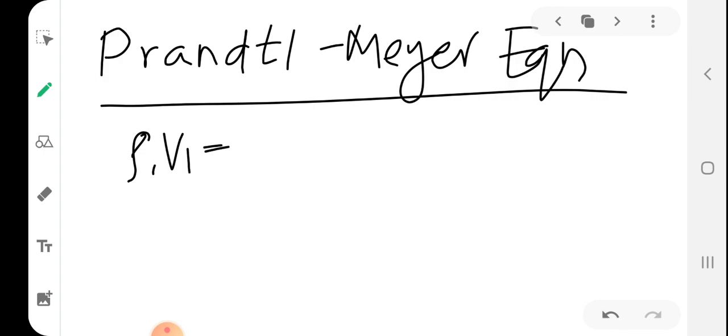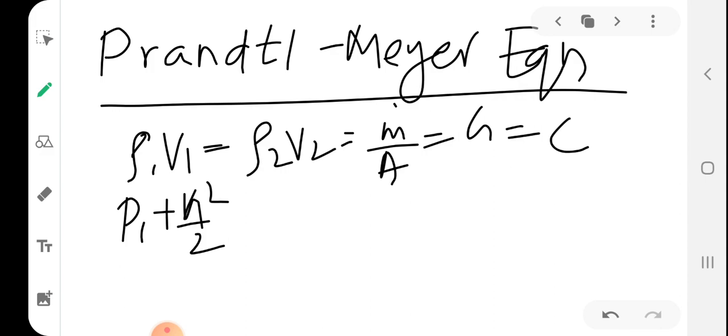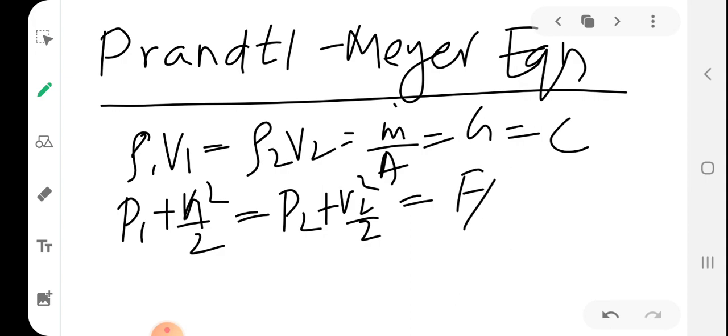Rho 1 V1 equal to rho 2 V2 equal to m dot by A equal to G, equal to constant. Again, P1 plus rho 1 V1 square is equal to P2 plus rho 2 V2 square, which is equal to F by A, force by area.